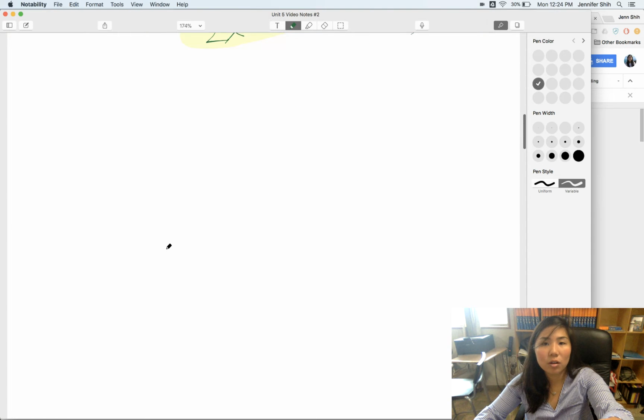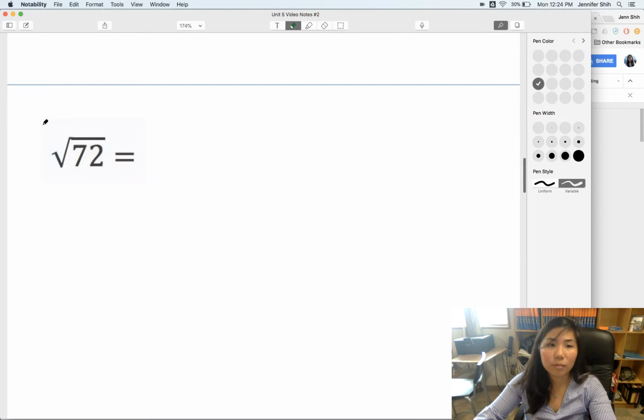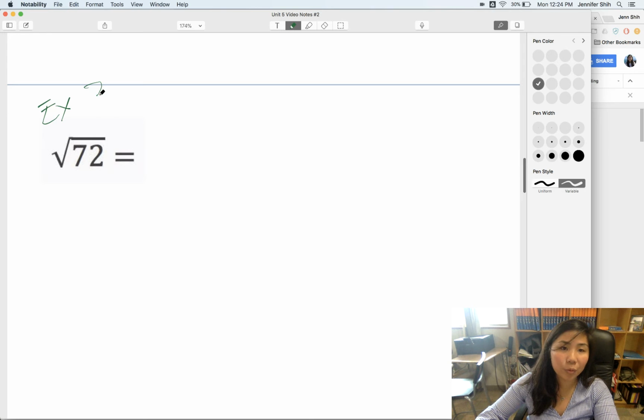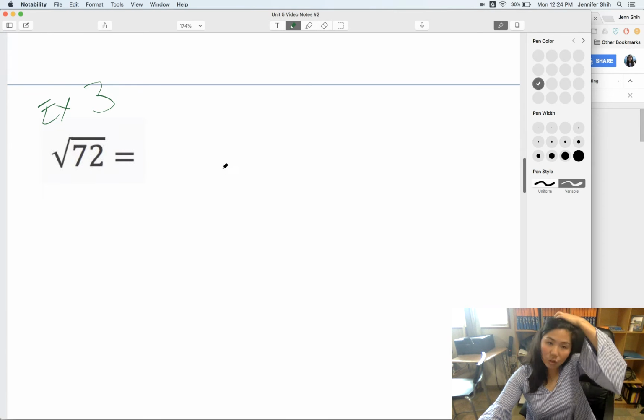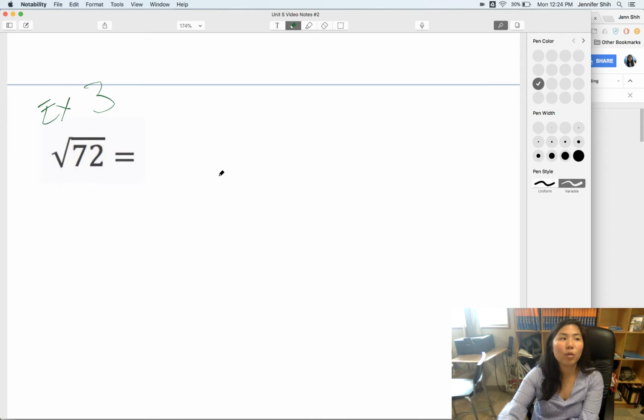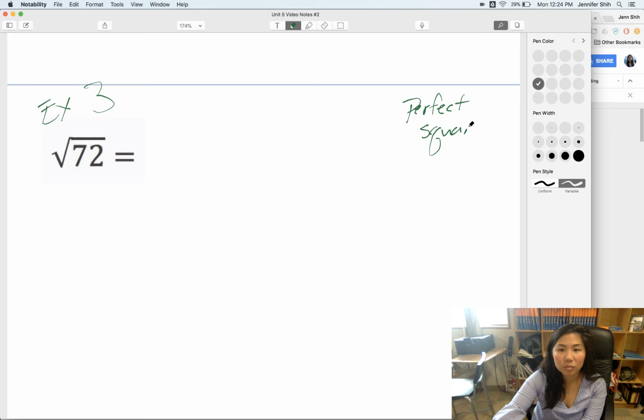Okay, let's go through another example. This is example 3. So we have the square root of 72. This is where you can break it up into perfect squares. Remember your perfect squares: they're like 1 and 4 and 9 and 16 and 25 and 36 and x squared.